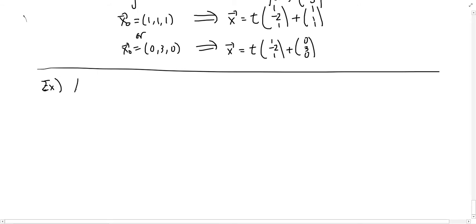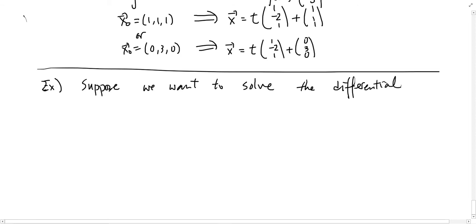Let's suppose we want to solve this differential equation. It really doesn't matter what it is. I'm just trying to show you generally what's happening.